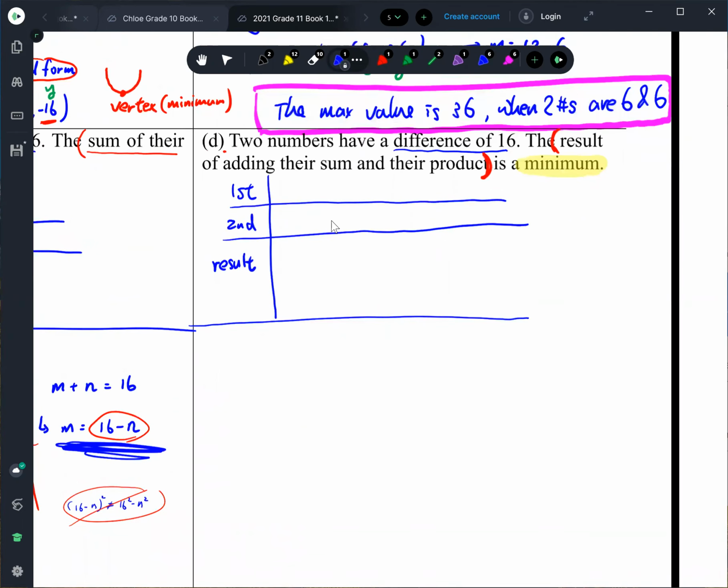Let's get two numbers first. Mr. Jason, can't you just do 0 and 16? Okay, 0 and 16, they have a difference of 16, right? Right. And how do we find their result? What do you do?